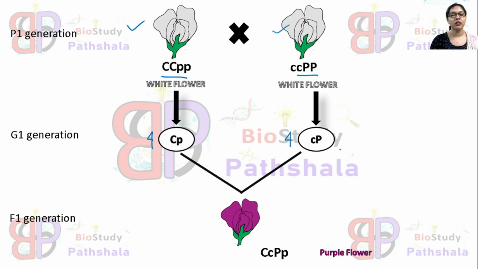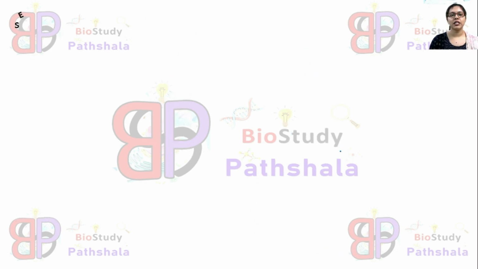That is the purple phenotype. So now we will see the selfing between F1 individuals, which further leads to the formation of F2 individuals, and this selfing will occur between two purple flowers.